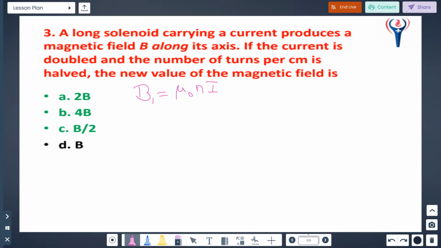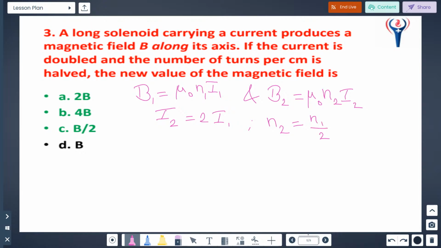So B1 equal to mu naught N1 I1 and B2 equal to mu naught N2 I2 and current is doubled, so I2 equal to 2 I1, and number of turns per centimeter is halved, that is number of turns per unit length is halved. Then N2 equal to N1 by 2.